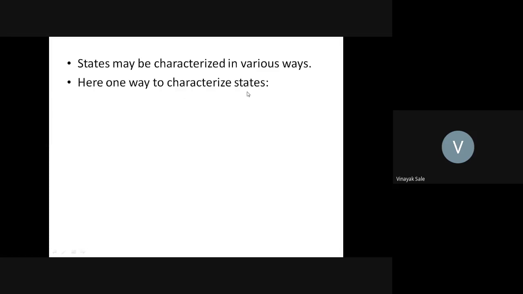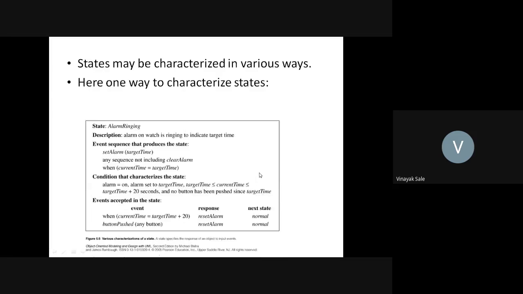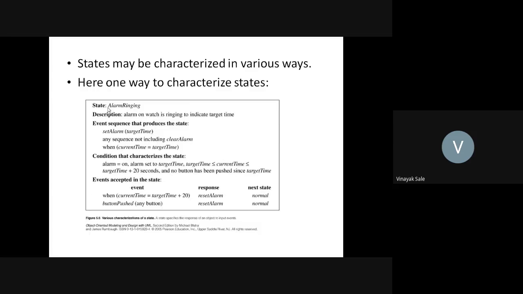One way to characterize state is, suppose I want to set an alarm at 5 o'clock or a particular time. Then what will be the condition? First state is alarm ringing, and the description of this state: alarm on watch is ringing to indicate target time.